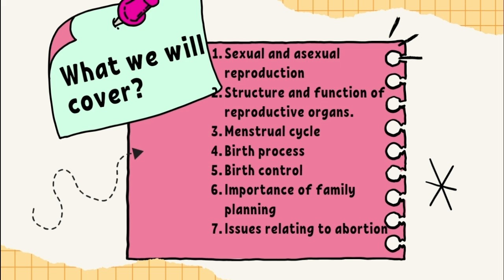Although the female one I'm going to take up a bit more time because a lot more goes on there. Then you have the menstrual cycle, the birth process, birth control, the importance of family planning, and the issues relating to abortion. This is just a quick crash course, so we're going to take our time and go over everything in a timely manner.